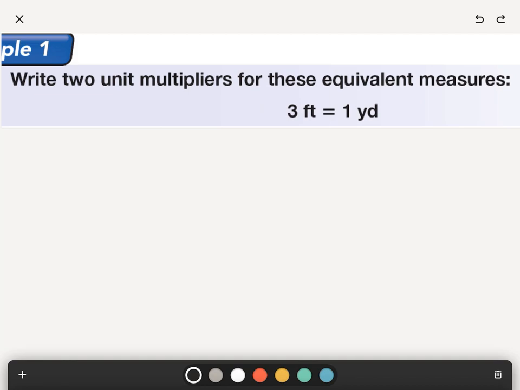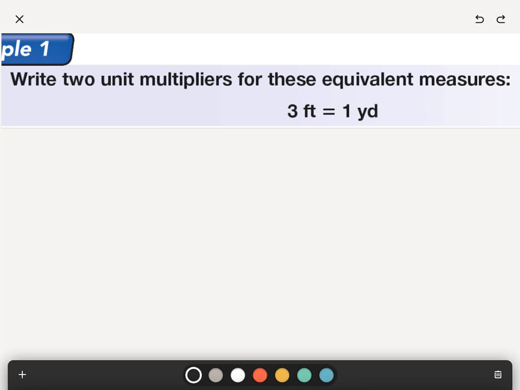So I'm going to put my two possible unit multipliers here. Right now, what this is saying is a conversion of feet to yards. So that's what this lesson's all about, is converting from one unit to another similar unit. In this case, feet to yards.